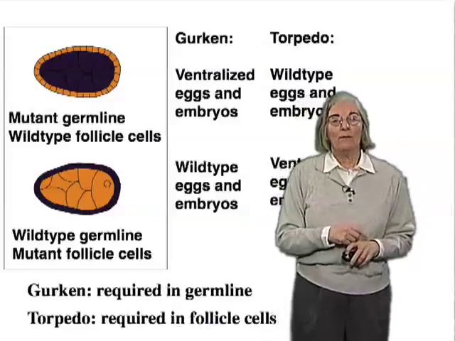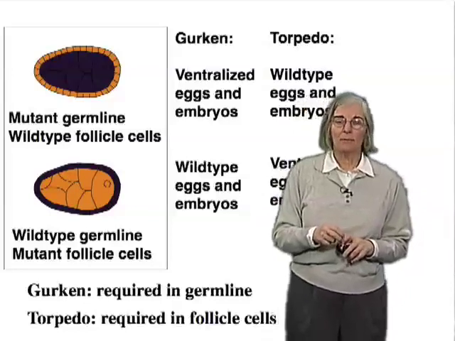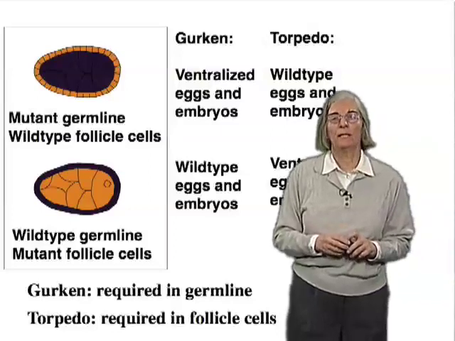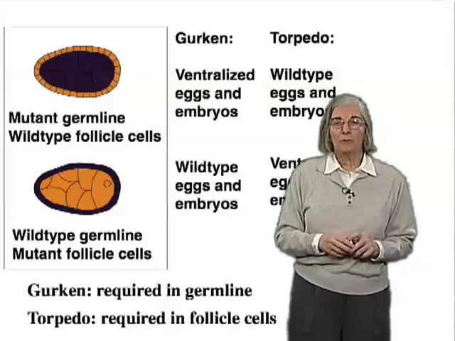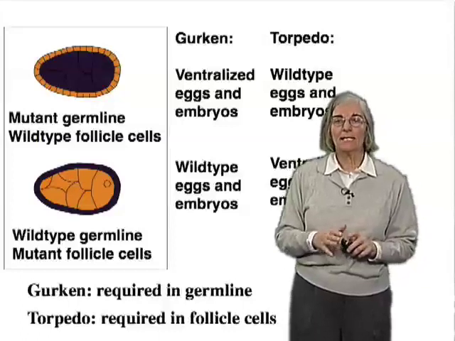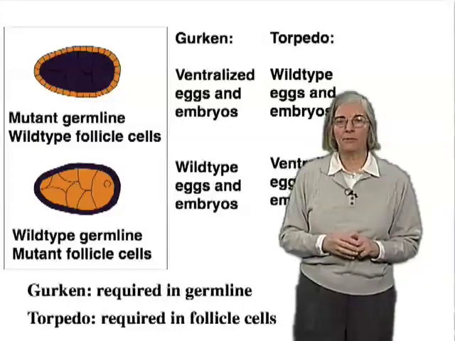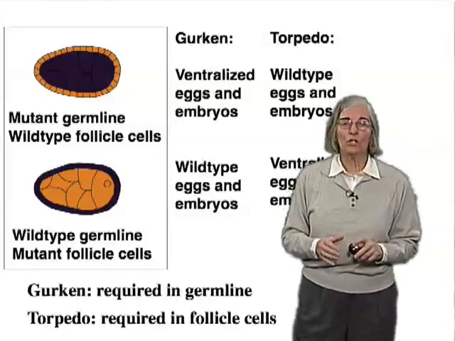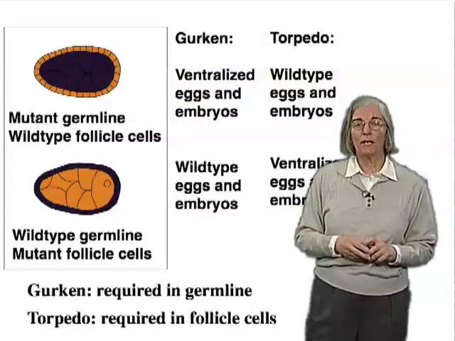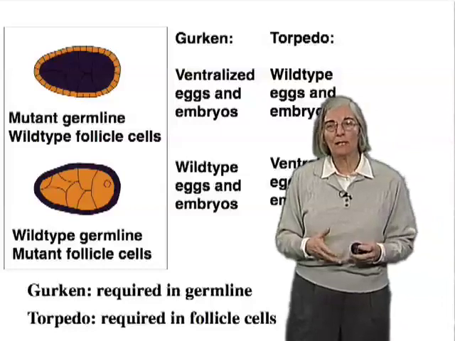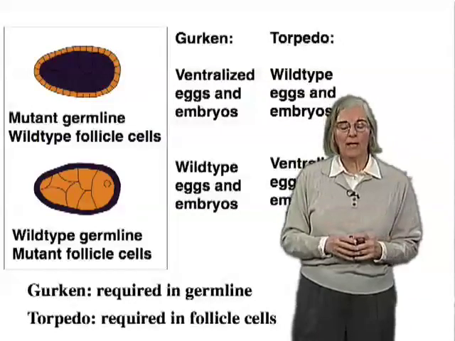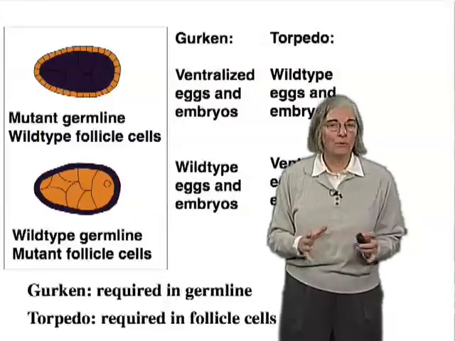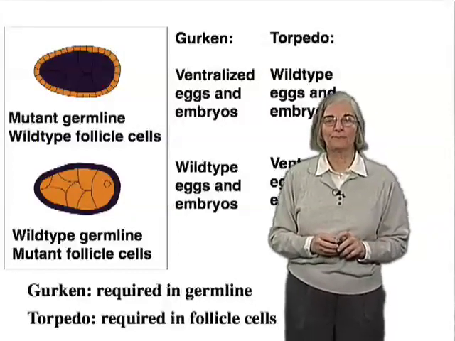Conversely, when we transplanted wild-type germ cells into mutant female hosts, we found that in this particular case, wild-type eggs and embryos resulted. This leads to the conclusion that the Gurken gene is required in the germline. Whenever the germline is mutant, mutant eggs and embryos result. Whenever the follicle cells are mutants, that doesn't really matter.